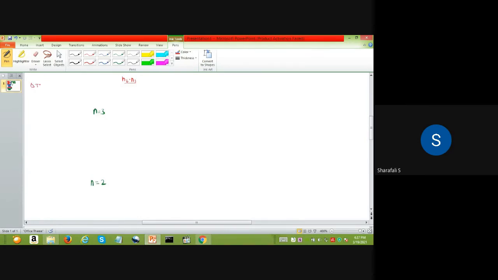For delta T, if you consider, that is given by some constant times, I will put it as proportion, proportional to f times n times n2 minus n1. This is n2 minus n1, right?